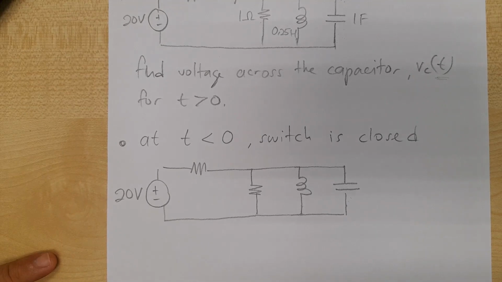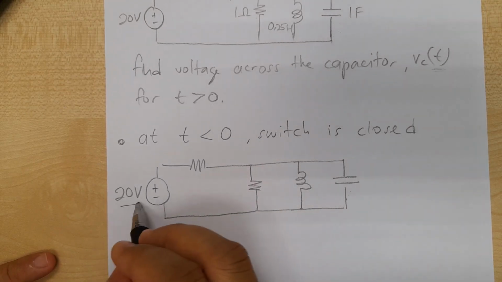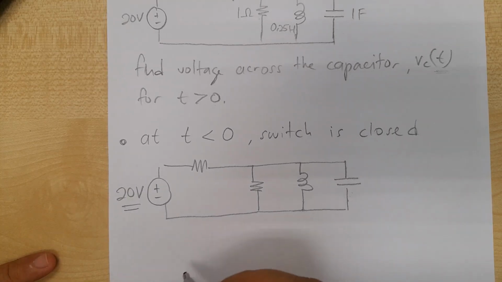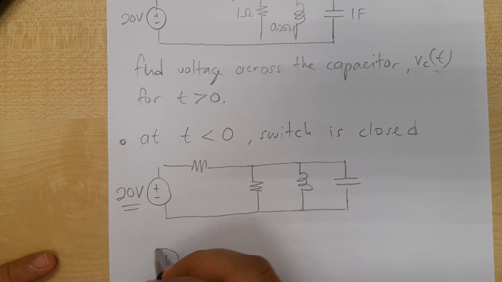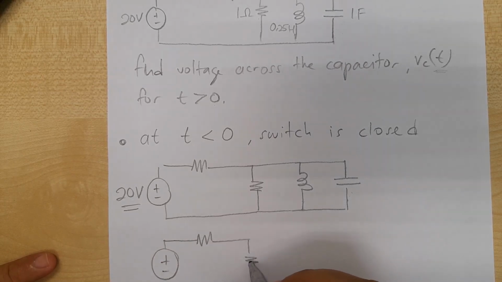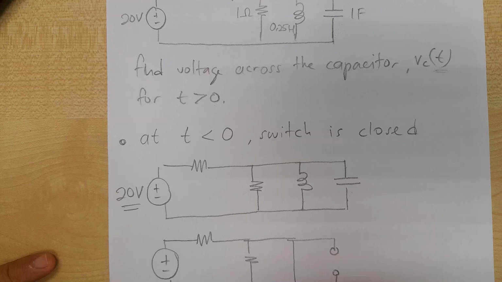So basically we can redraw the circuit, okay, because of the constant source. So now it becomes this, shorted and then open, right?